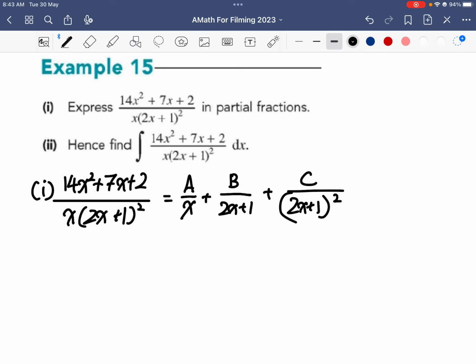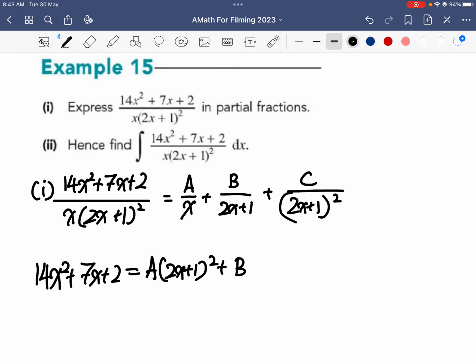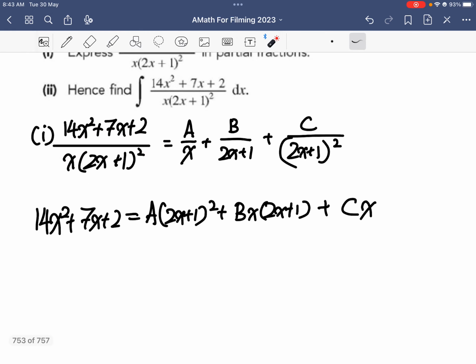Now, in order to solve, there are a few ways, but the first thing we need to do is: 14x squared plus 7x plus 2 equals, we multiply every term by x times 2x plus 1 squared. So what I get is a times 2x plus 1 squared plus bx times 2x plus 1 plus c times x.